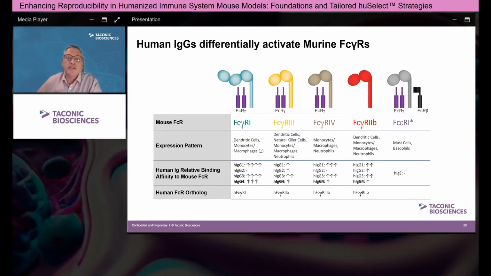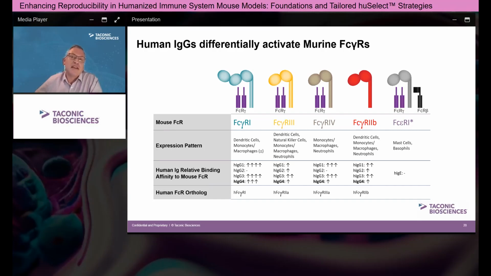So to dive a little bit deeper into this, mice have 4 different isoforms of the Fc gamma receptor, and they're not completely the same as the human orthologs. Humans have 4 different types of Fc gamma receptors, and the binding affinity of the mouse Fc gamma receptor for human IgG can often differ.